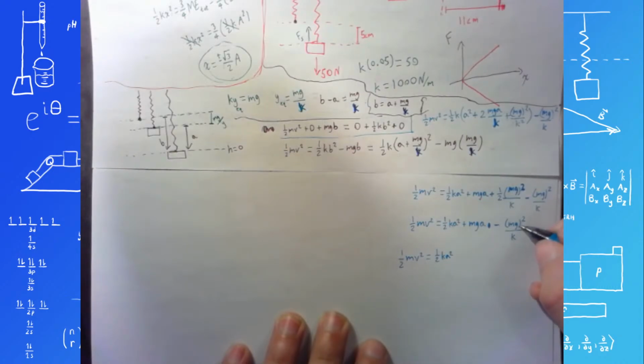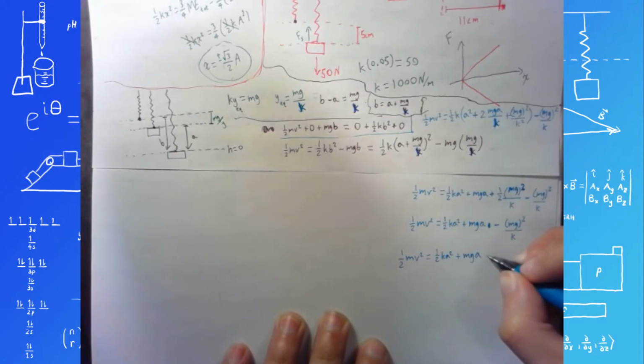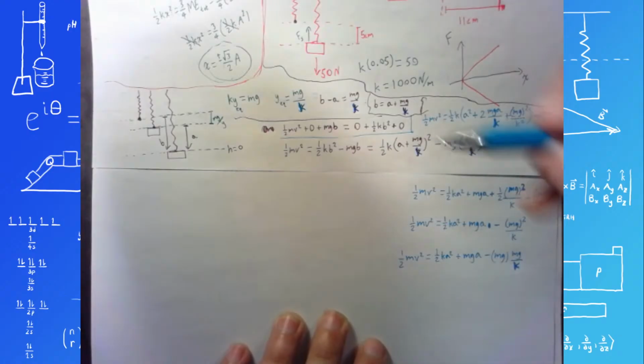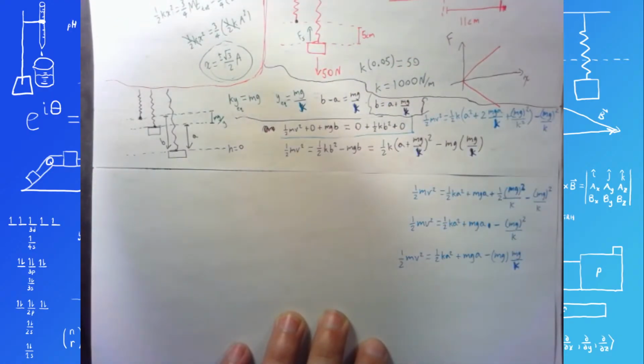I'm going to separate this into two mg's. So this is going to be plus mga minus mg over k. Okay, this should look familiar. Mg over k is equal to b minus a.